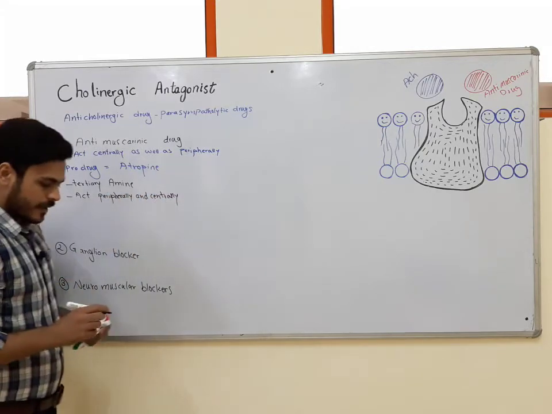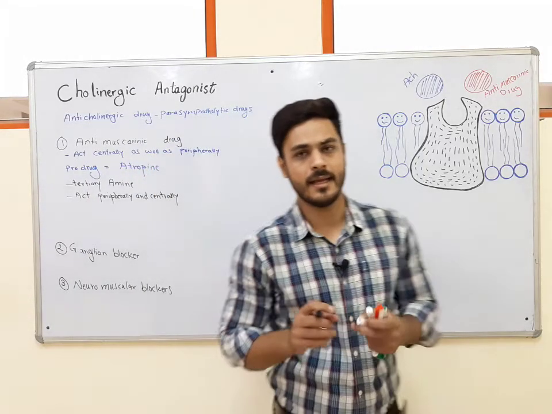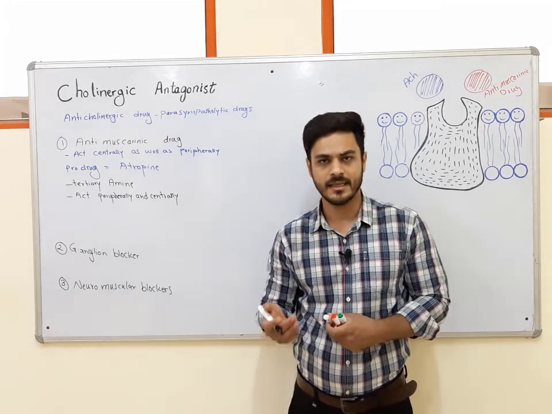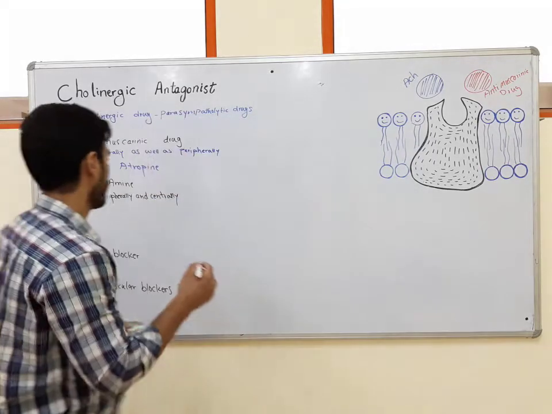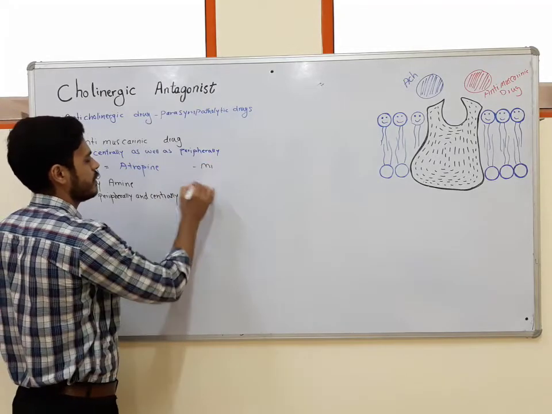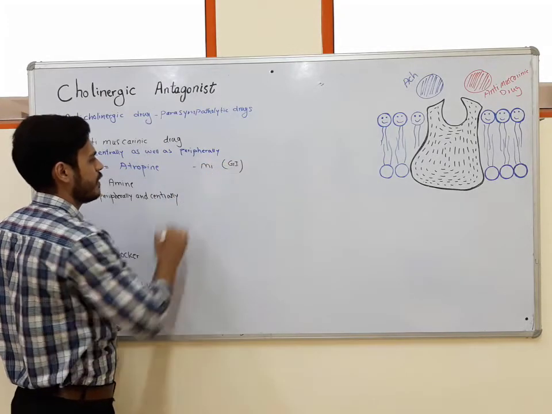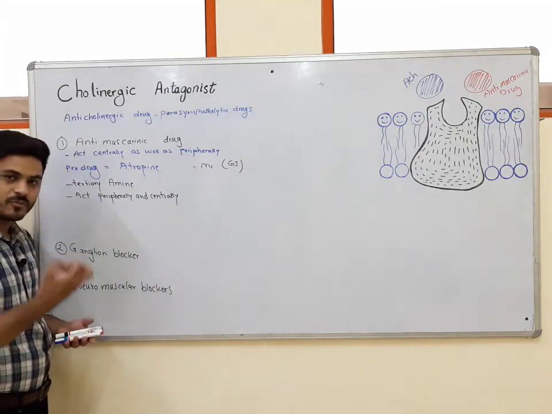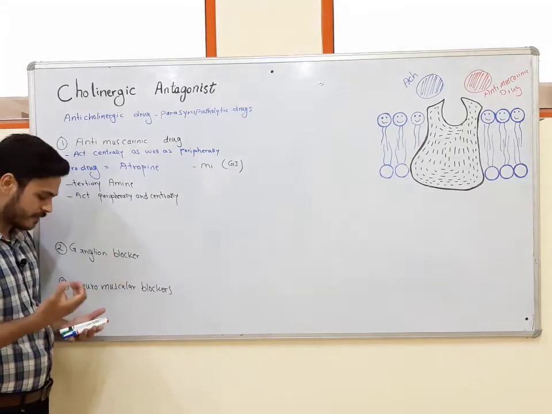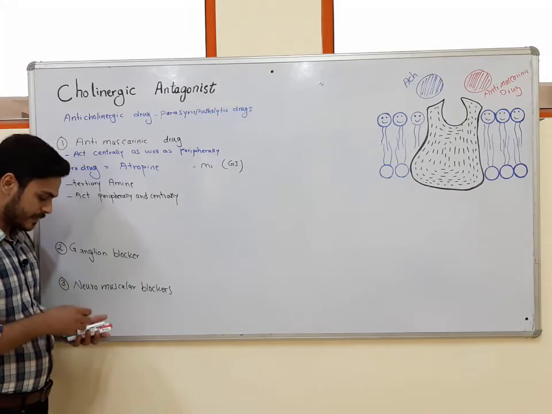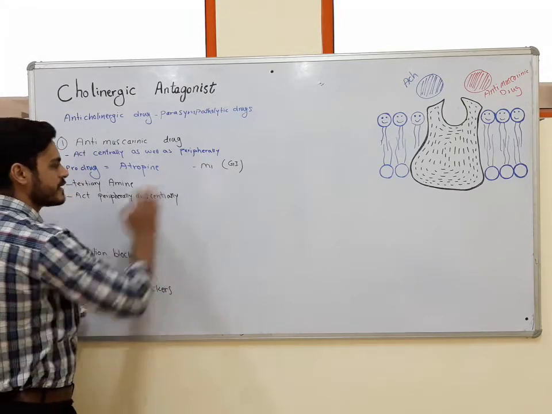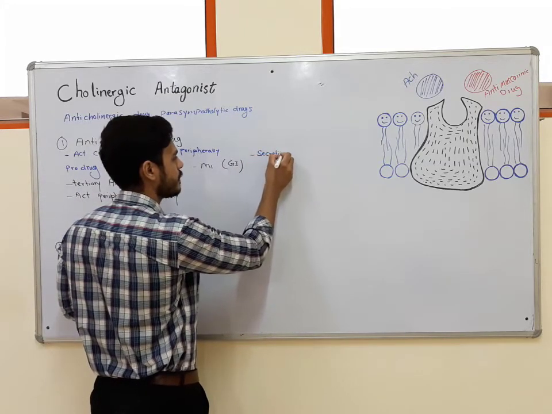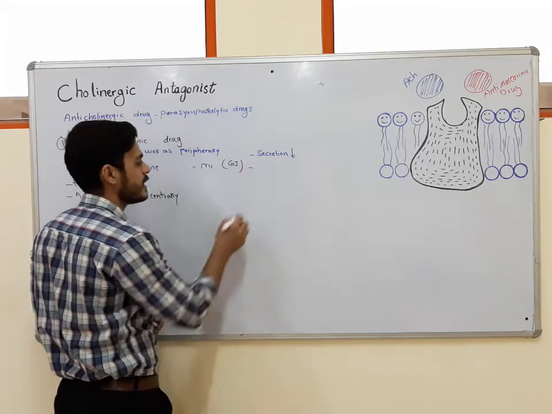Okay, if it blocks the M1 receptor, which we have in the gastrointestinal system, it can decrease the secretion as well as decrease the movement, or the motility, of the gastrointestinal system.